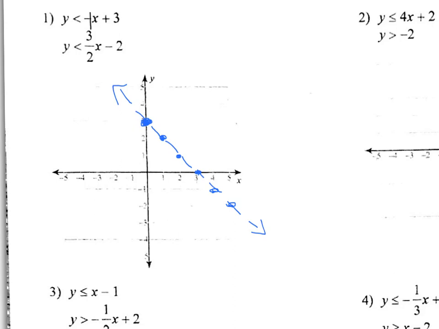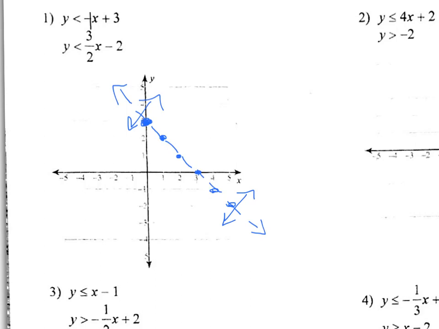Now here's the difference with systems of inequalities. I'm only going to put the arrows in the way that I would shade. So here we look at it and it's less than. If we drew our arrows, and well, you could do this if you wanted to, you can just draw your arrows off of here, and know that you're going to be shading to the arrows that point down.